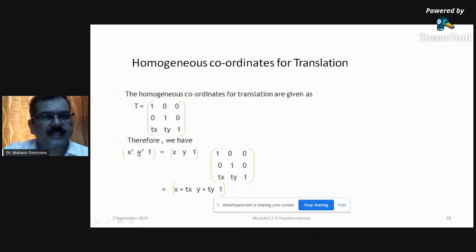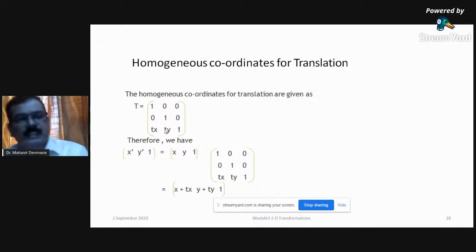in the slide, x dash y dash 1 is equal to x y 1 times this matrix. This first matrix x y and 1 represents the coordinate value of that particular pixel, right? And the second matrix, 1 0 0, 0 1 0 and tx ty 1, represents the translation matrix, right?